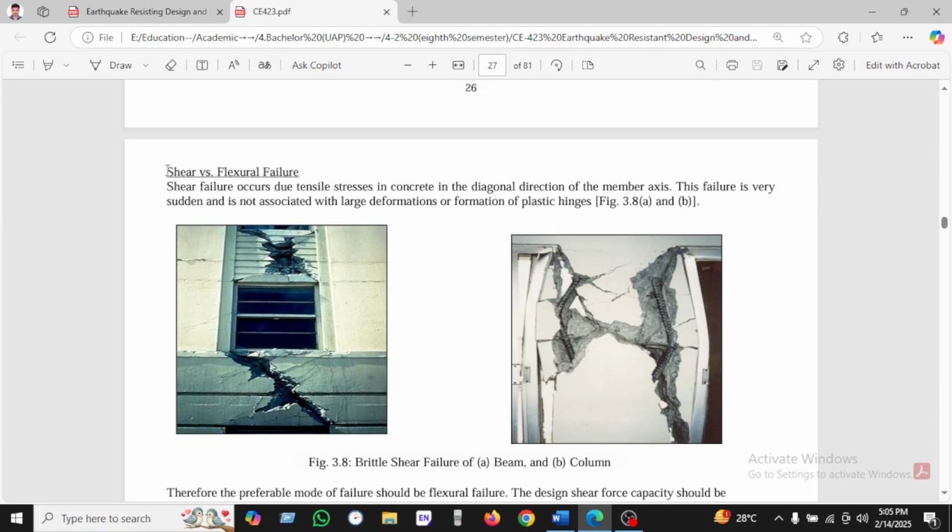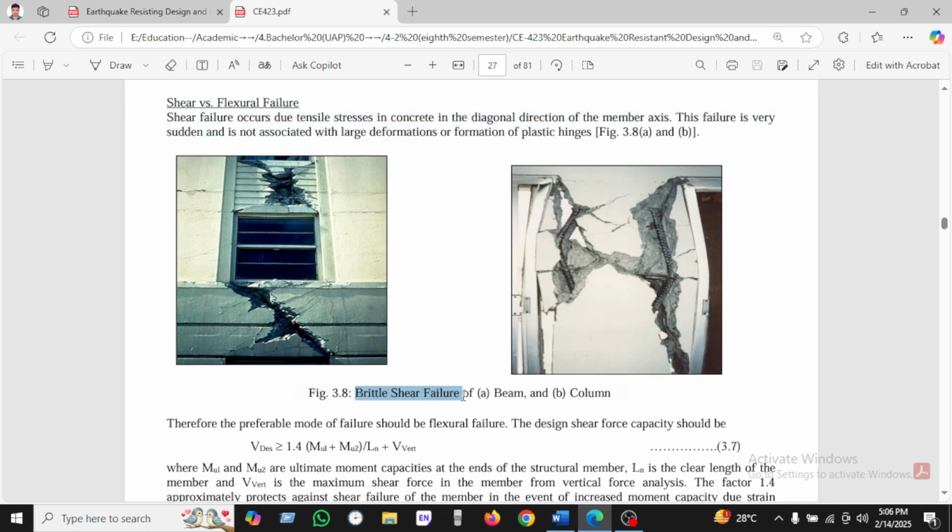We can see here shear versus flexural failure. Shear failure occurs due to tensile stress in concrete in the diagonal direction to the member axis, and the failure is brittle and is not associated with large deformation from a plastic hinge. We can see here the brittle shear failure of a beam.